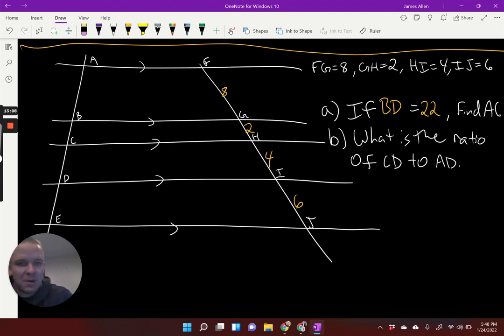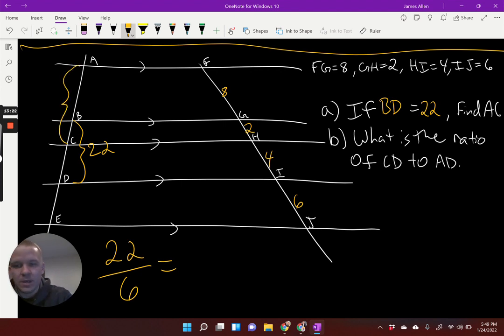So BD is 22. Across from that is 6, right? So I've got 22 over 6. And then I want AC once again, which is this part out here. So AC, and then across from that is 10. Cool. So there's my setup.